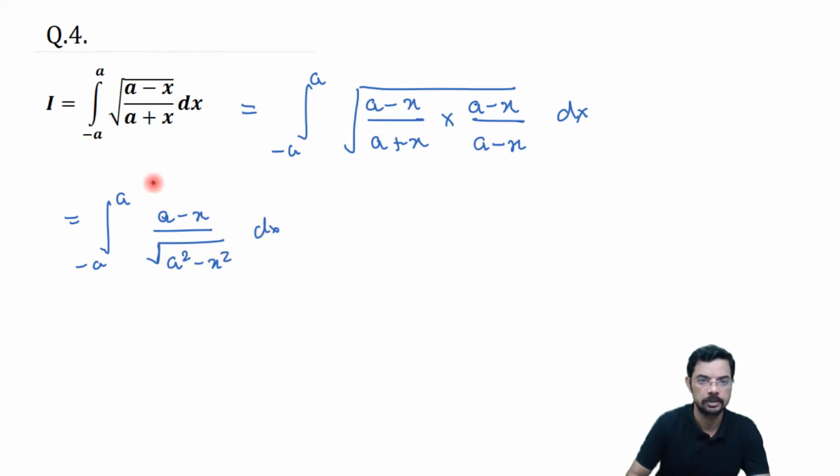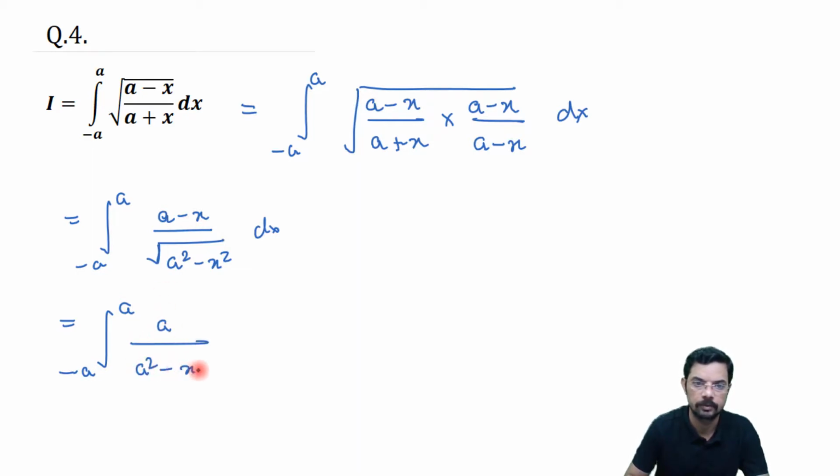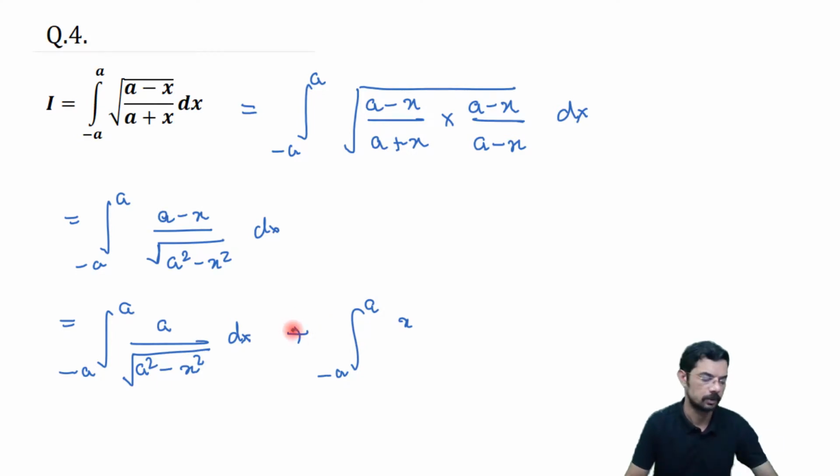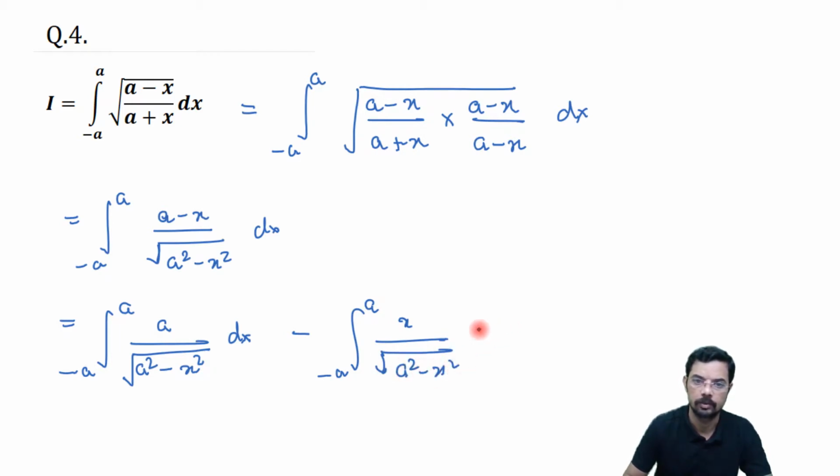Now this can be split into two parts by the numerator: integral of minus a to a of a by root of a square minus x square into dx, plus integral from minus a to a of minus x by under root of a square minus x square into dx.